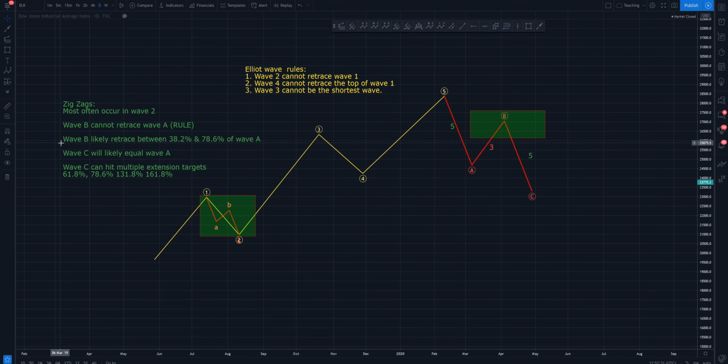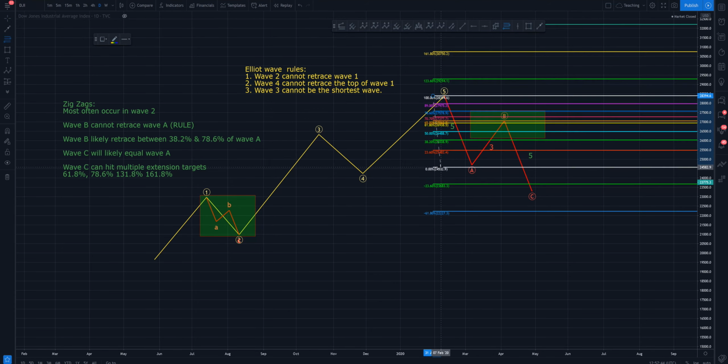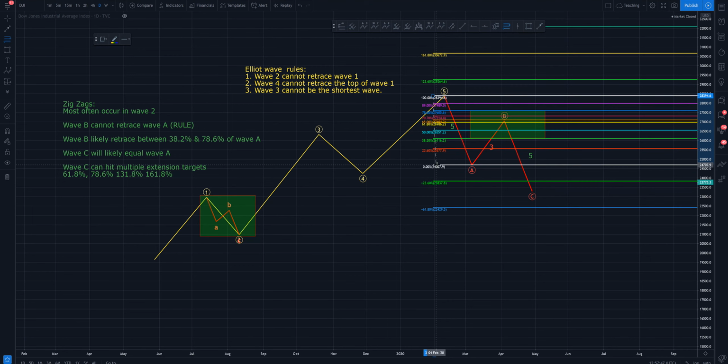Now, the next guideline. Wave B will likely retrace between 38.2 and 78.6% of wave A. So we need our fib retracement tool here. Pick out the start of our wave A, come down to the bottom of our wave A, and we can find our wave B anywhere inside of this green area here.